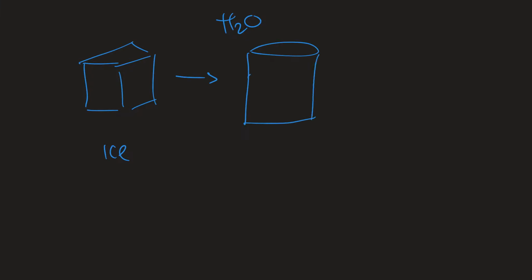Let's say, for example, you start off with solid ice. So we're talking about H2O here. Then from solid ice, we get to liquid water.